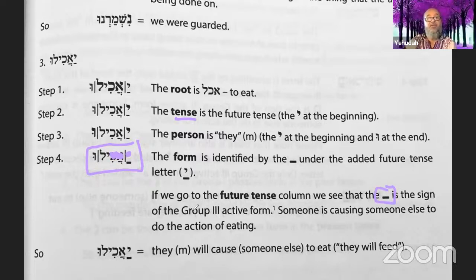Okay. So it says, if we go to the future tense column, we will see that this particular sign is of group number 3 active form, that's what we'll see. Someone is causing someone else to do the action. Let's go verify.